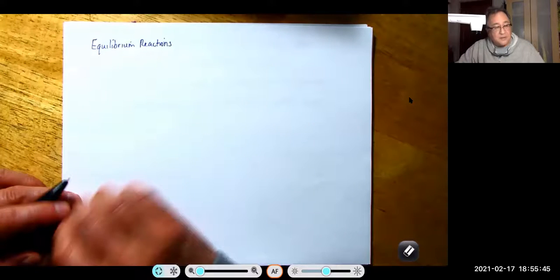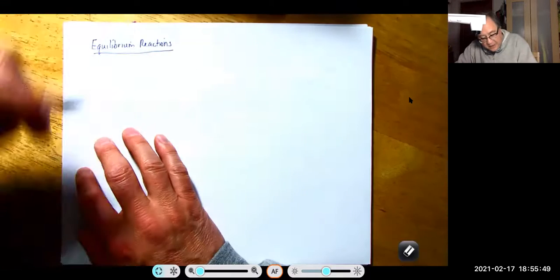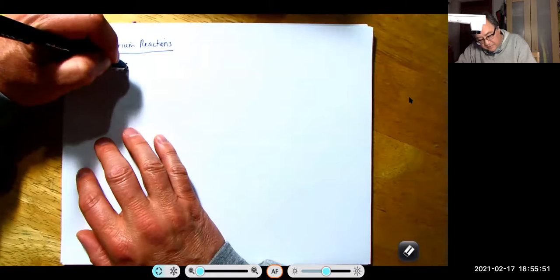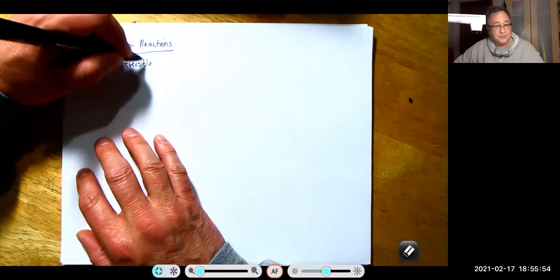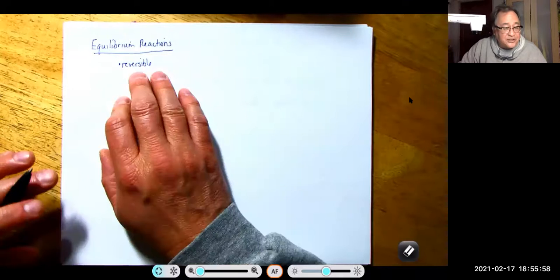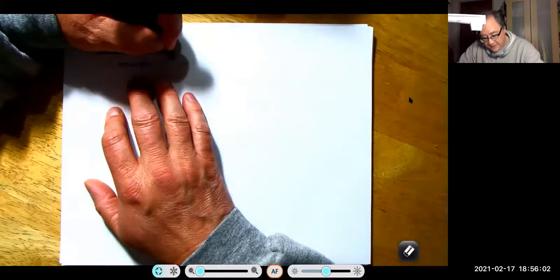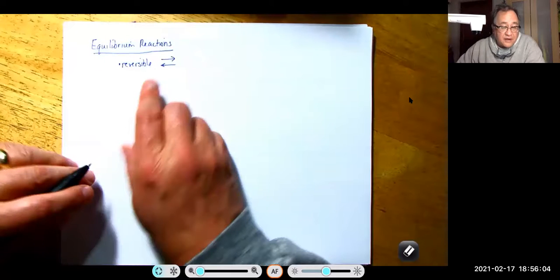So let's talk a little bit about equilibrium reactions. They are reversible. So how do you know a reaction is an equilibrium reaction? Instead of one arrow, you have 2 arrows.